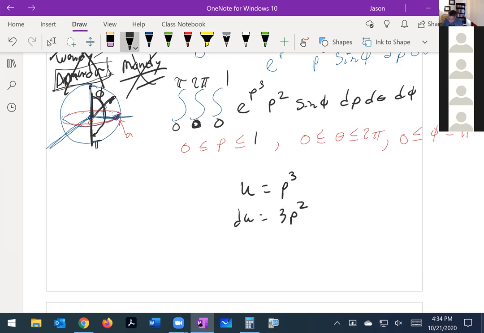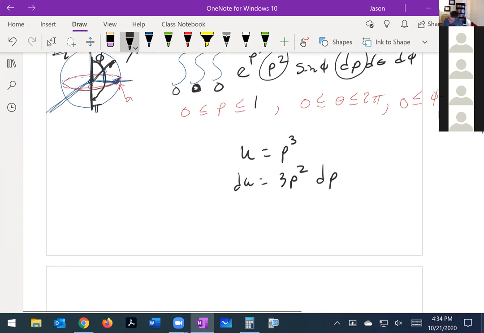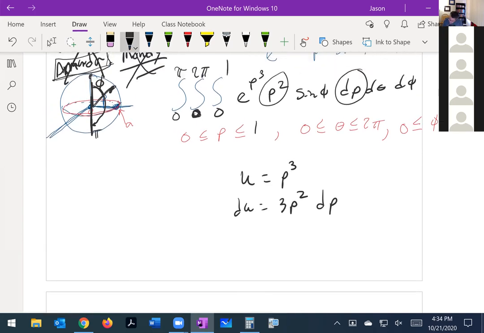That's nice. Why? Because I already have rho squared d rho. I have the rho squared here, and I have the d rho. And so this is going to be du over 3 equal to rho squared d rho.